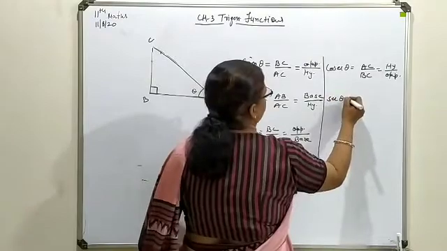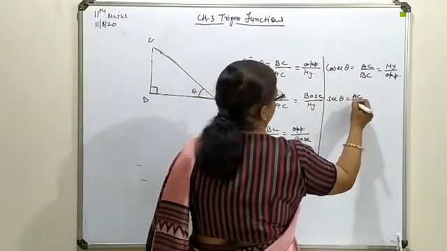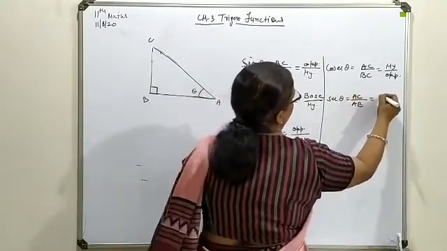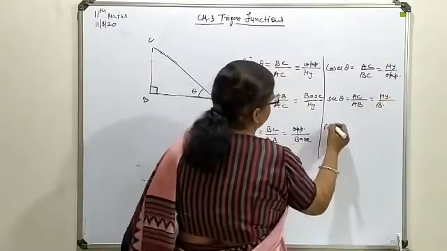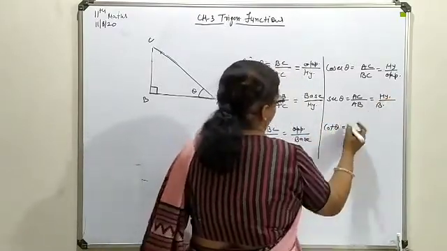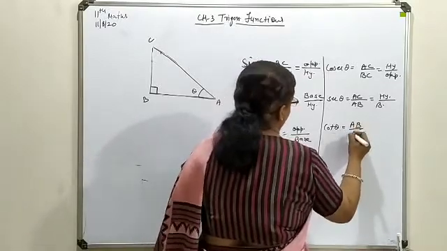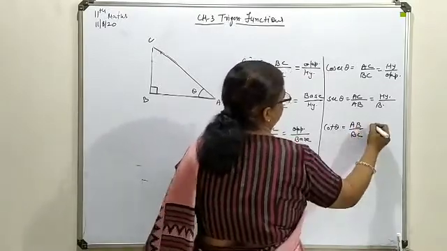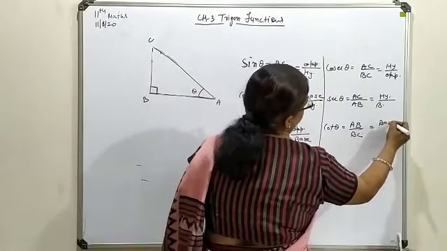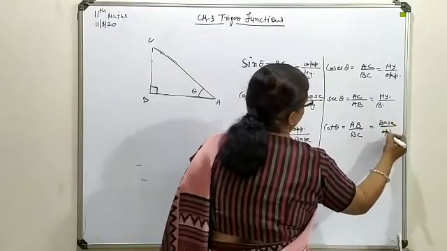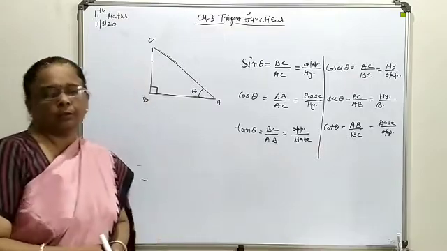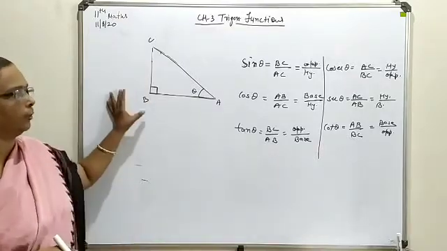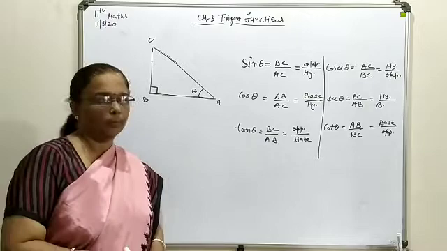Now sec theta, that is AC upon AB, means hypotenuse upon base. Then we will write cot theta. Cot means base upon altitude, means base upon the opposite side. So this way any of the remaining trigonometrical terms you can define.